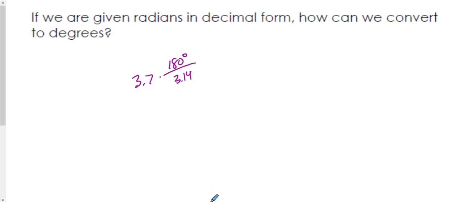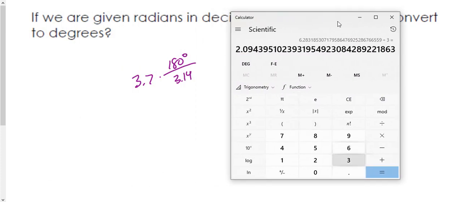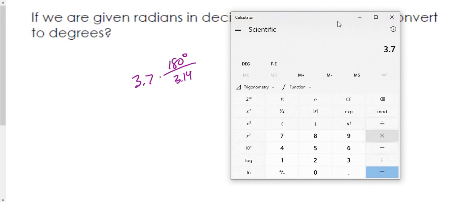Then I would throw that in the calculator: 3.7 times 180, and then divide that by 3.14. And I end up getting about 212 degrees, somewhere around that.